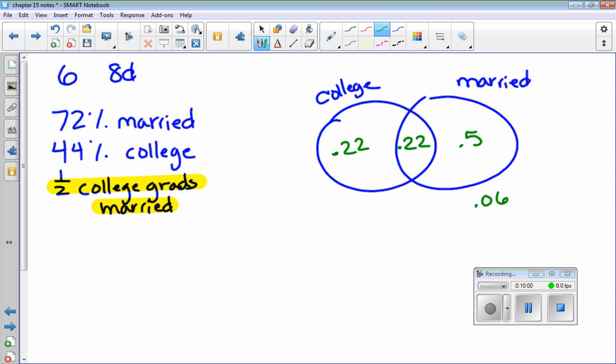What's the percent? 0.5. Just double checking, good. And then part C, is married or a college graduate. That's adding all of those up in the Venn diagram, or 0.94. I'm sorry, 0.94 or 94%.